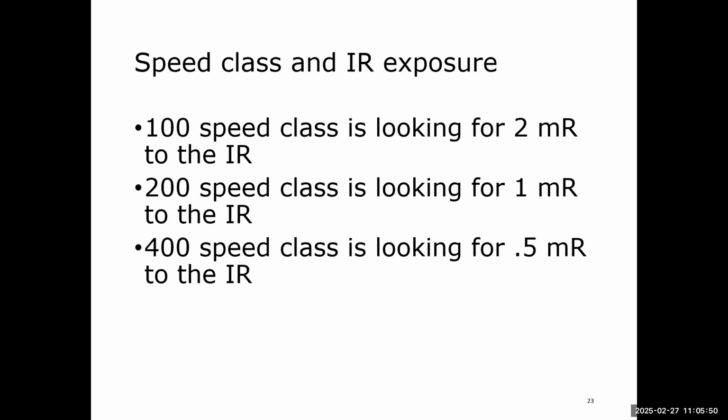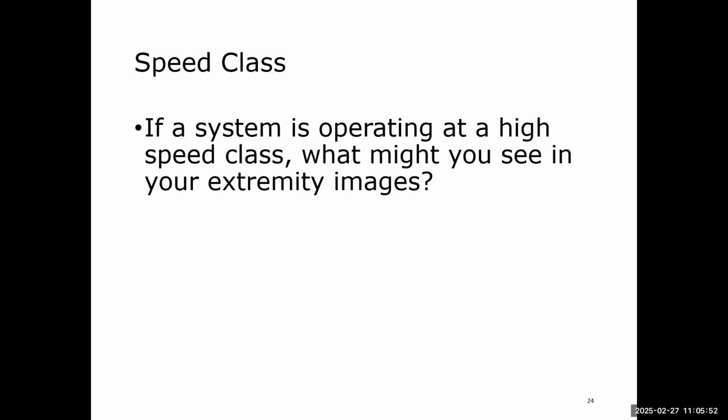So let's see if I have another slide on here. Okay, yeah. So if a system is operating at a high speed class, meaning like a 400 speed class, what might you see in your extremity images? Because it's not looking for as much radiation, you might see what? Noise, right? Because we're already using such small mass values for distal extremities, right?